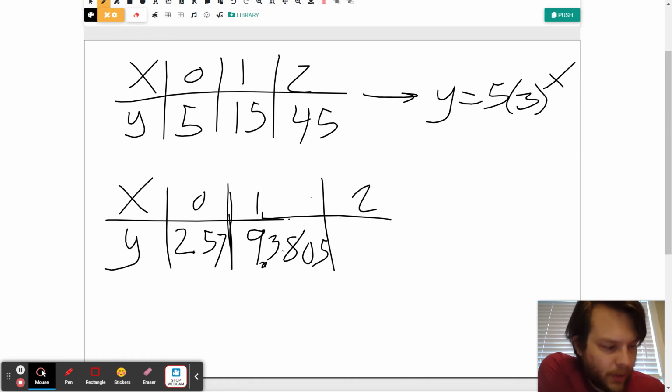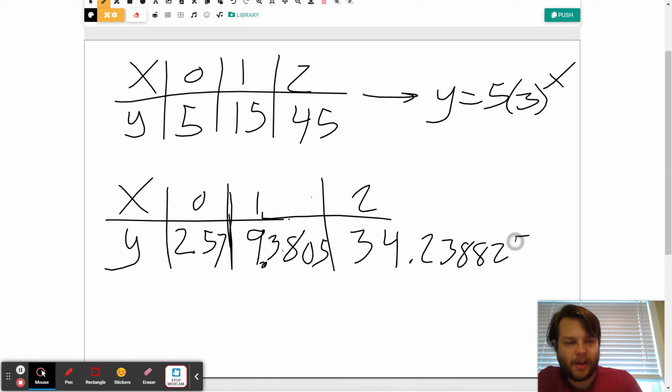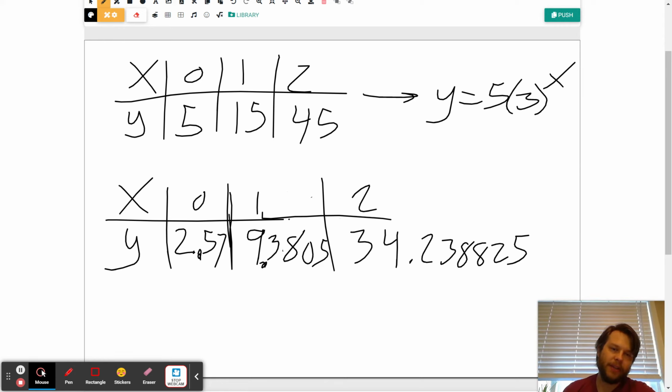Okay. So then I take 9.3805 times my mystery multiplier, and I have 34.238825. I don't expect anybody, and in fact, I would not be able to figure out what the multiplier is.